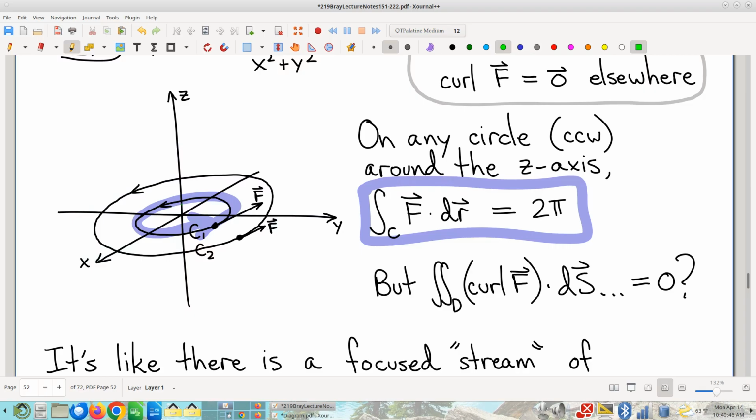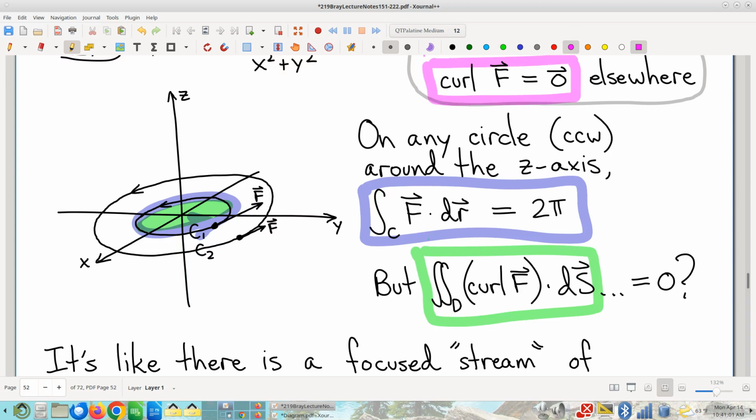if you look at the surface whose boundary that is, and you compute this flux of curl, and you remind yourself, well, the curl actually is 0 everywhere inside here, everywhere. Well, except not at the origin.